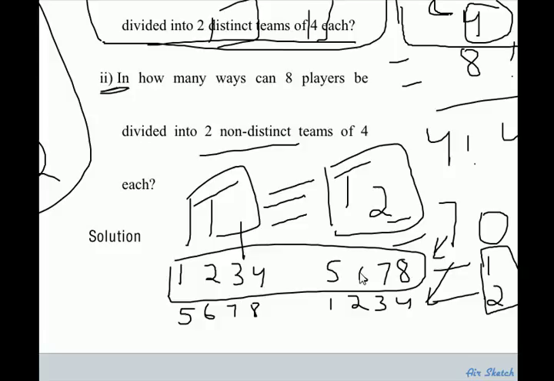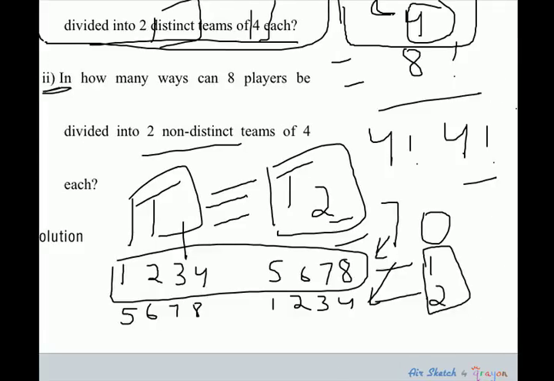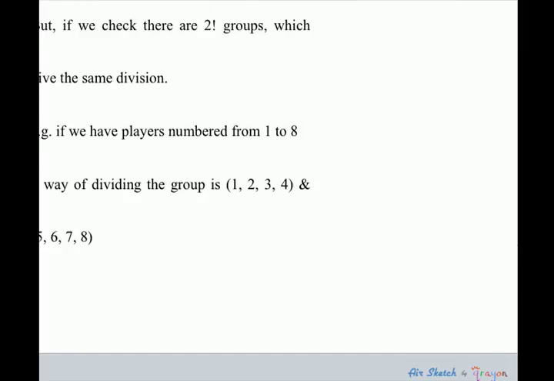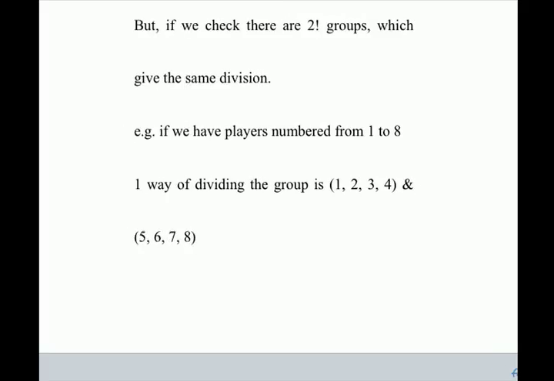So because the teams are non-distinct, we need to divide 70 by 2. For the second one, the answer is 35. For the first one, the answer was 70.